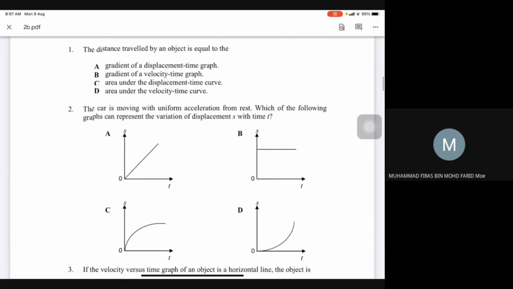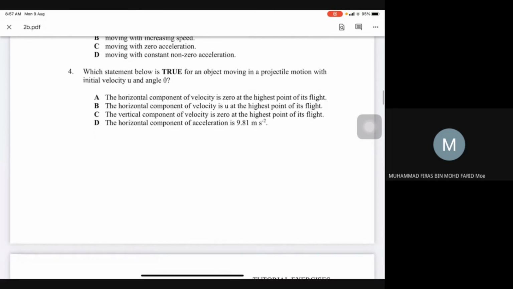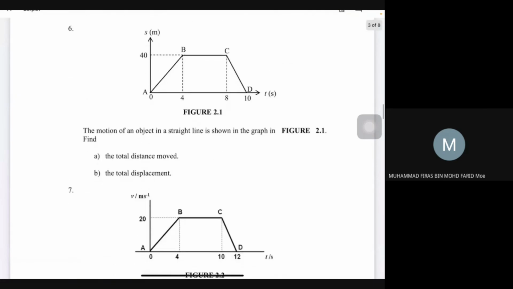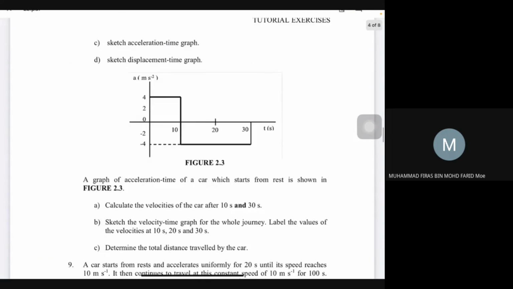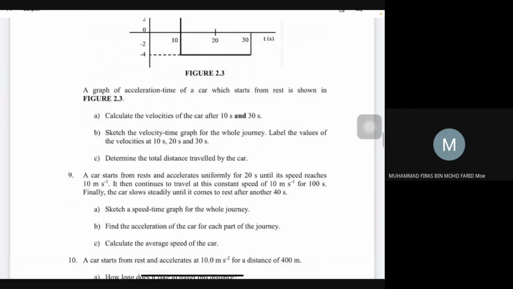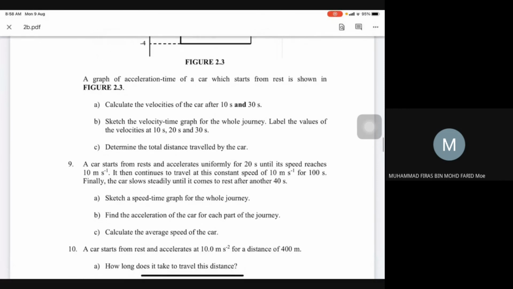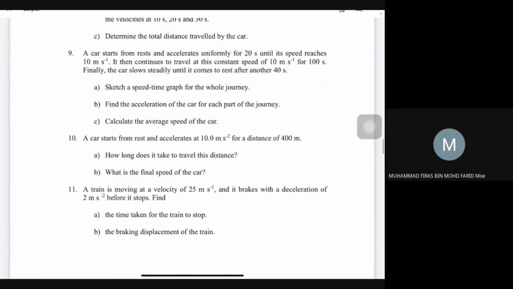So I want you guys to start to try to do the objective question. Tu memang buat lah, objective question tu buat dulu. And then I want you guys to try to do question number 6, 7, 8, sampai question 9 tutorial.